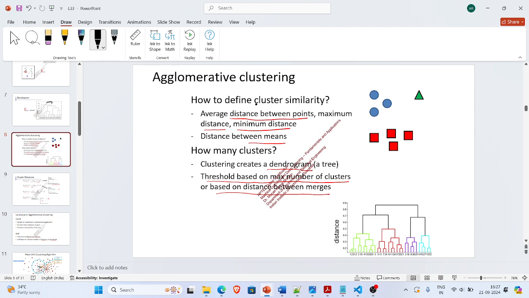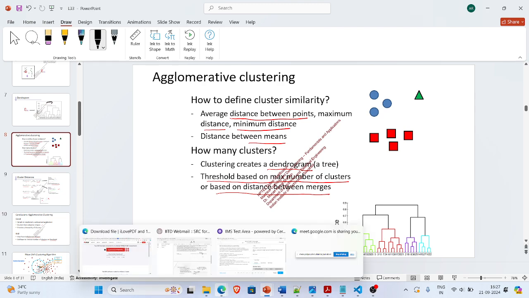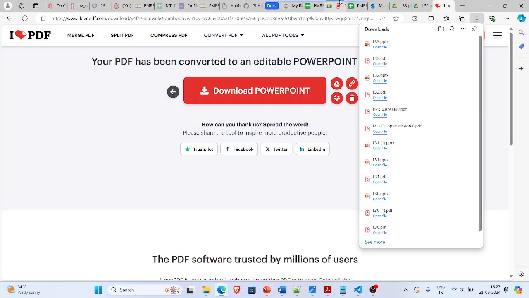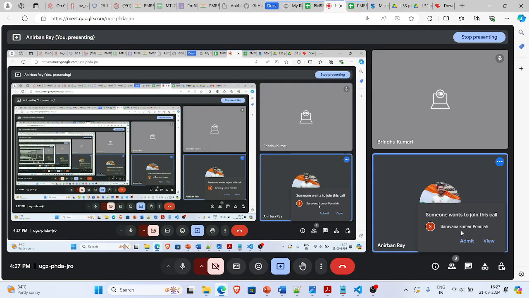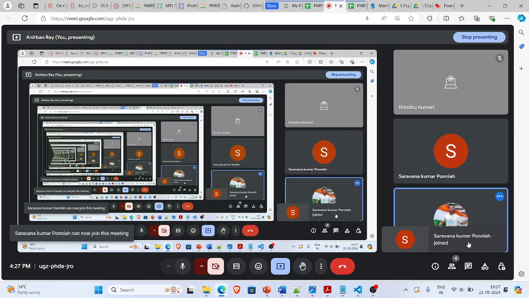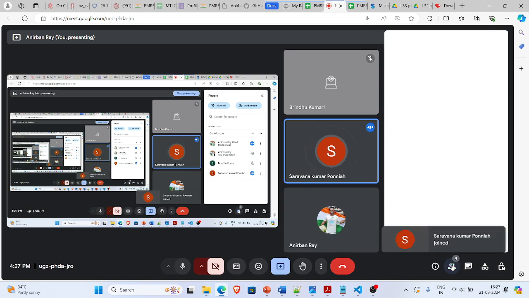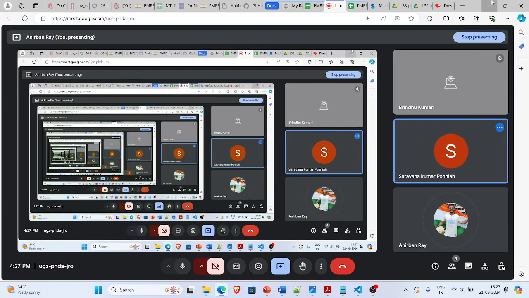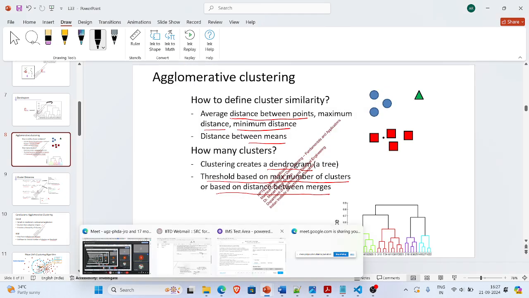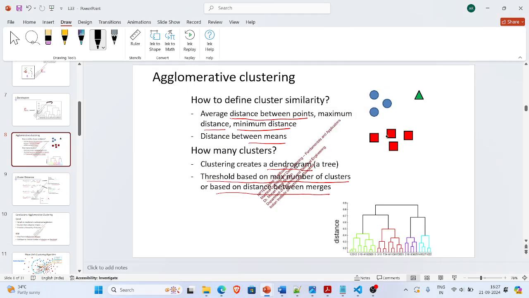Next, let's continue. What we need to understand is what can be the criteria upon which you're clustering: average distance between points, maximum distance, minimum distance, likewise.